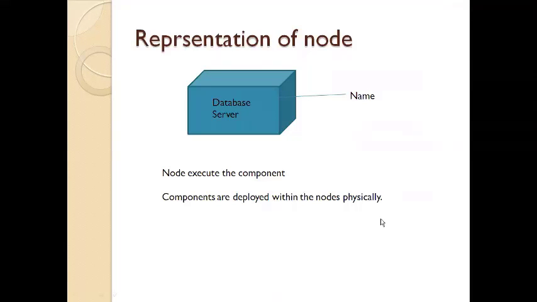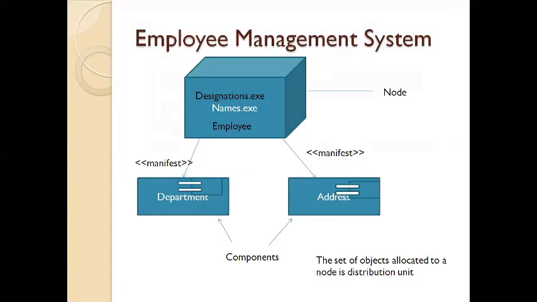So whatever components are there in the system are deployed into these nodes. In the employee management system, we have seen the employee node is created, and this employee node has these components present: one is the designations and another is the names. These are the two executable files which we have seen.